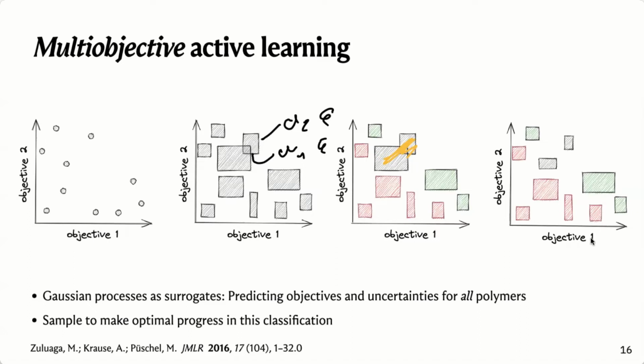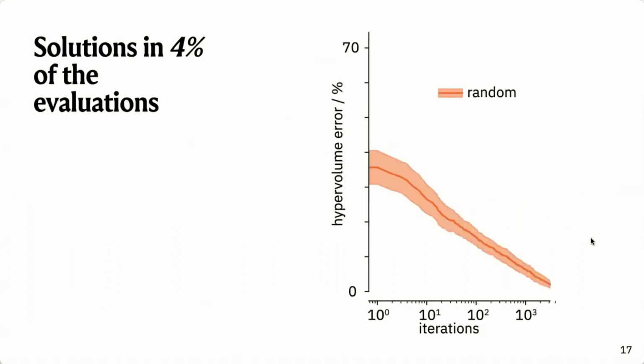So how does this work in practice? This is this plot you see here. So the y-axis just shows some kind of error measure in a multi-objective space. So we measure basically the area you cover with the Pareto frontier. And then you have here on log scale how long your search takes to basically find all the good materials in this design space.